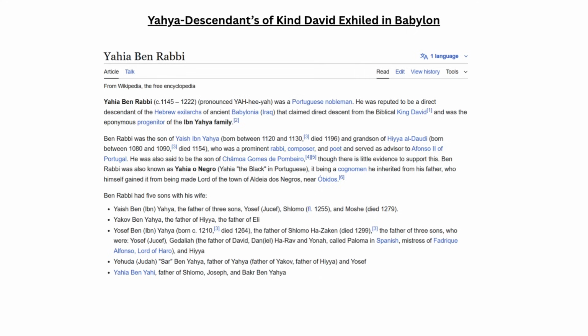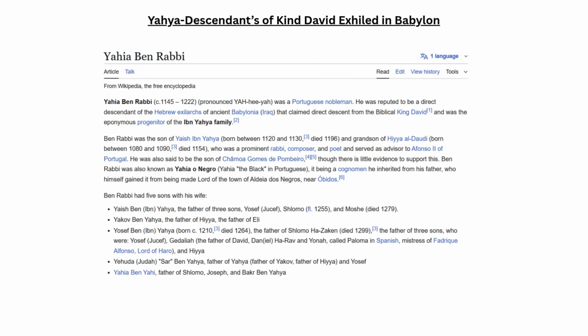What I'm showing on the page here is from Wikipedia, a summary of the profile and ancestry of Yahya ben Rabbi, who later became known as Yahya the Negro, the Portuguese nobleman.